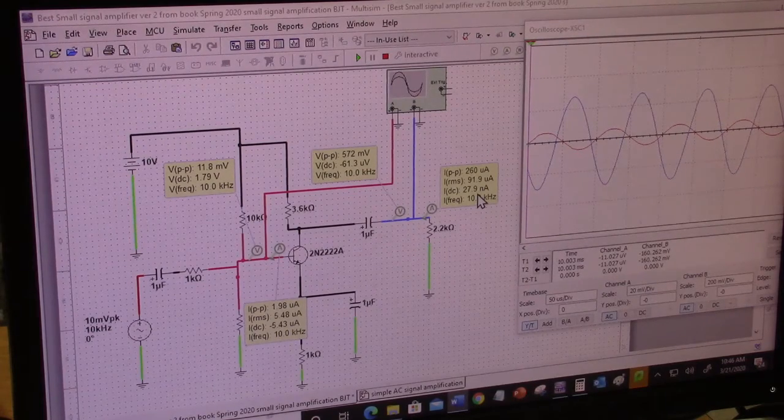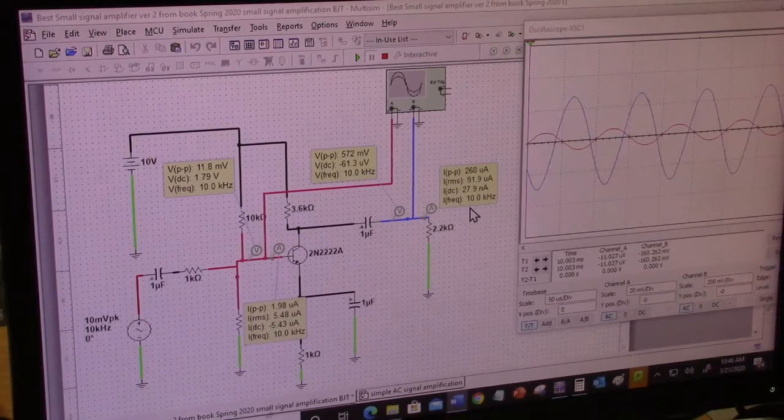You can take peak-to-peak or RMS, it doesn't matter, it's the same mathematical formula. From 1.9 microamps, I'm getting 260 microamps output. And with 11 millivolts, I'm getting 572, which is about 52 times amplification.